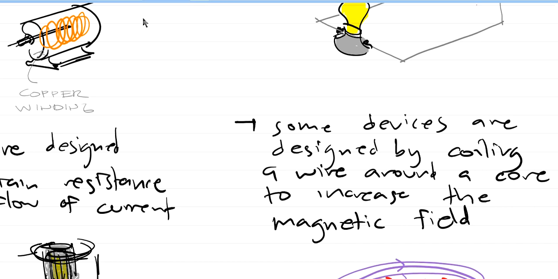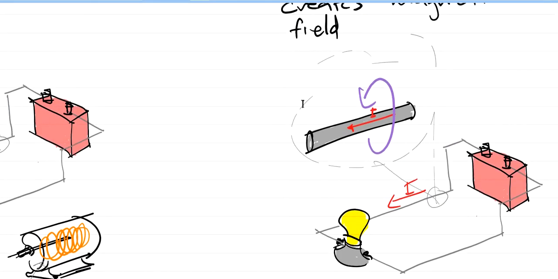And that magnetic field will grow, of course. At start, when there is no current flowing through the wire, then it has no magnetic field. But once current passes through, there's going to be a building up of this magnetic field. So it will grow and eventually reach its maximum capacity, right?